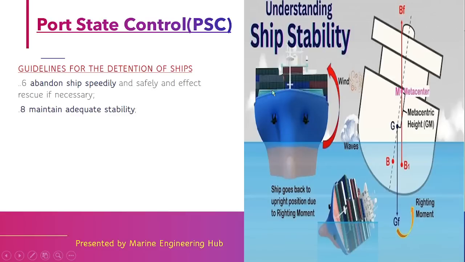Suppose you don't know how to abandon the ship, or you don't know what your duty is in case of abandoning the ship, or as a chief officer you don't know how to lower a lifeboat. These can also lead to a detention of a ship. If you don't know about the stability or how to look at the stability booklet, then also the ship can be detained.